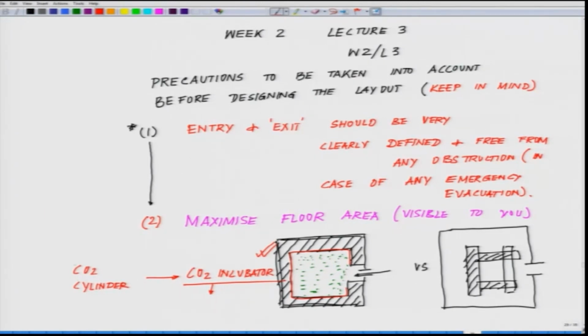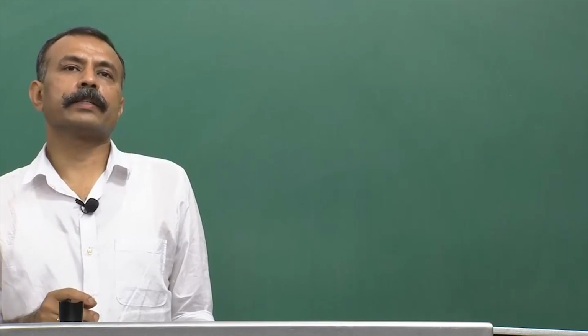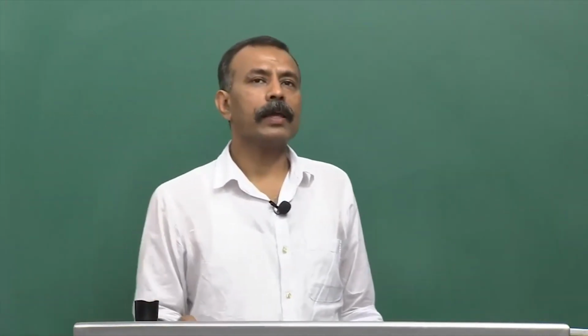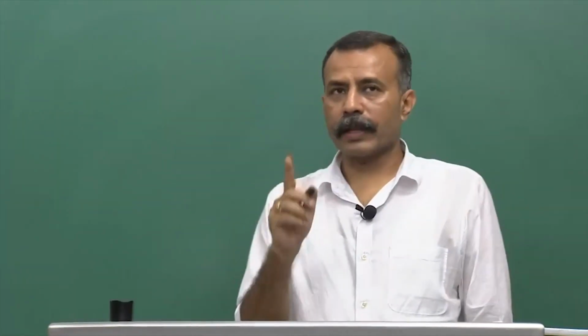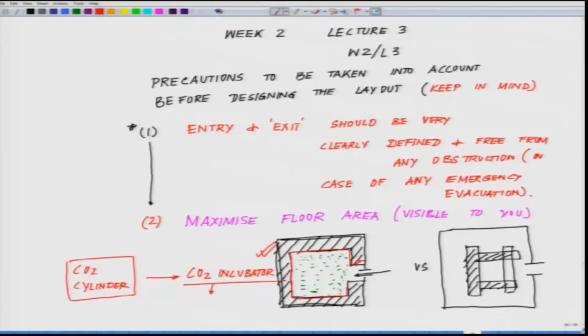These are fairly tall cylinders, so you have to have a very designated space where you keep the cylinders, and that designated space should preferably be very close to the door, somewhere where I am putting the small boxes, or somewhere just outside.